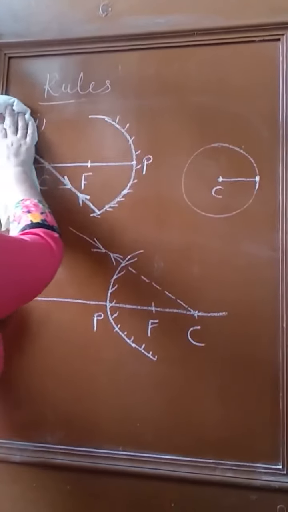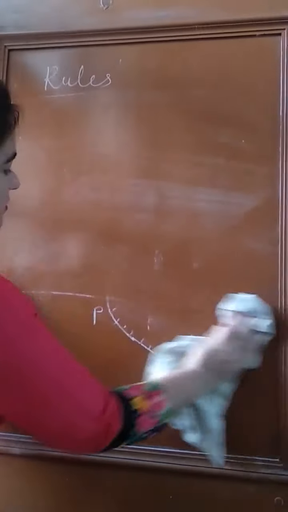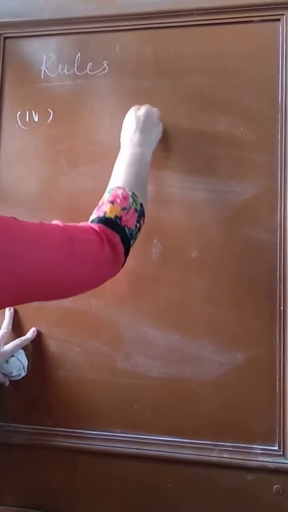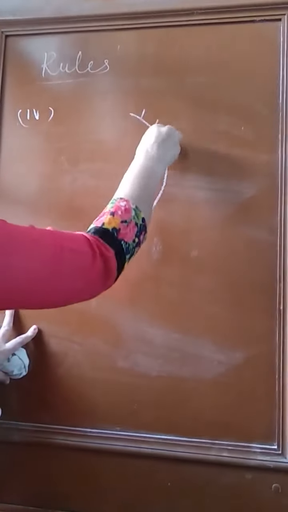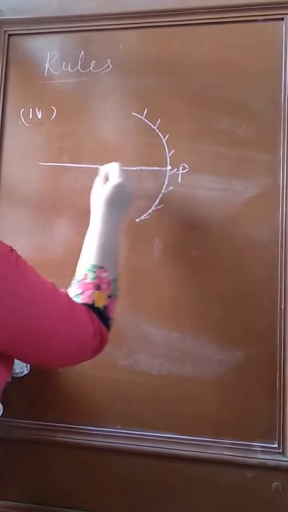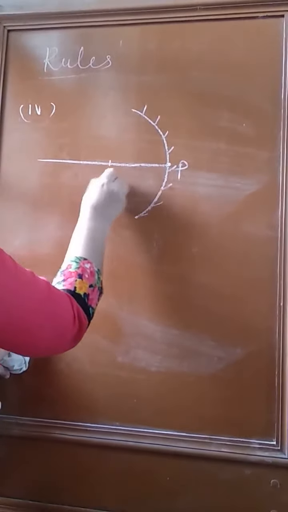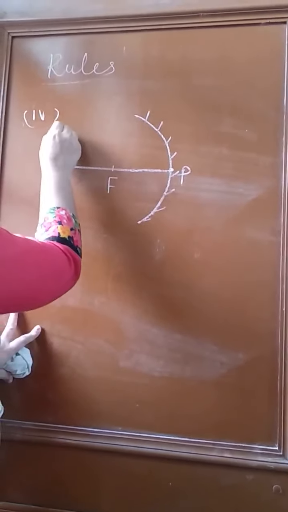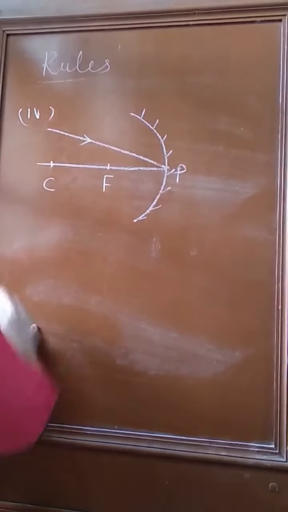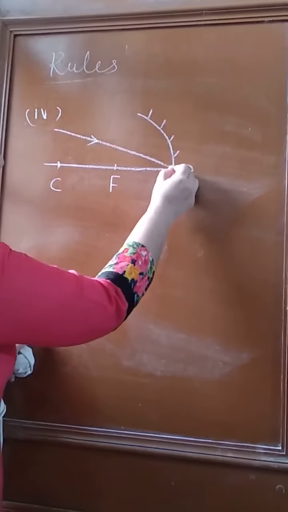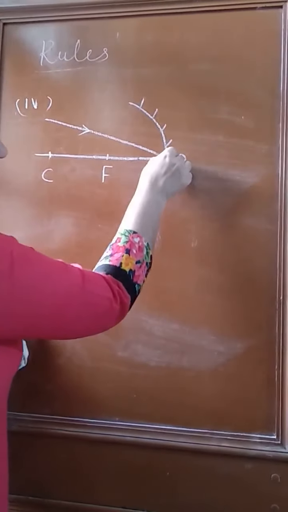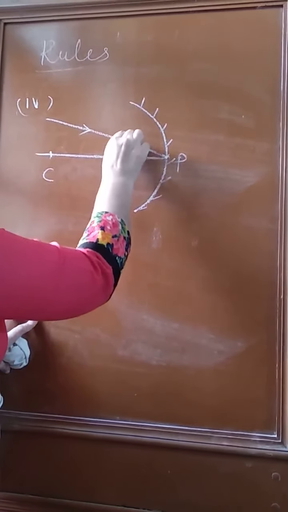Now the fourth rule is when a ray of light obliquely falls on the mirror at the pole, this is the normal of this spherical mirror, angle of incidence i.